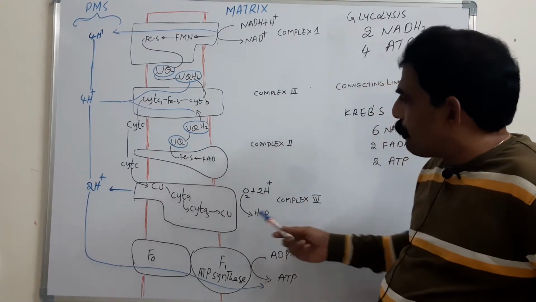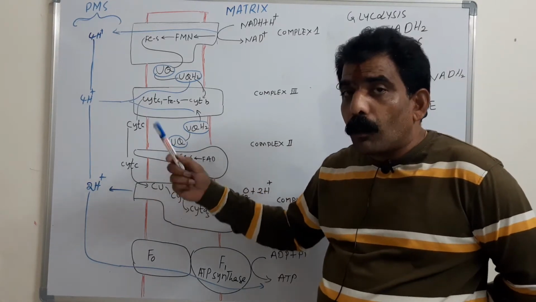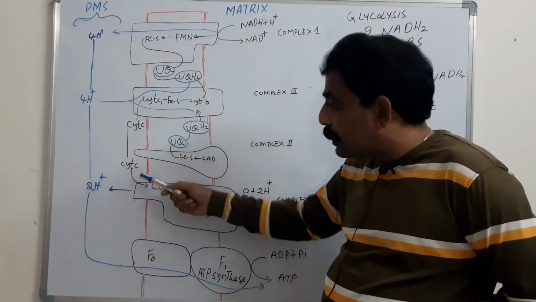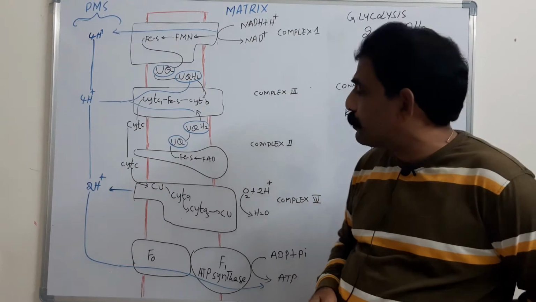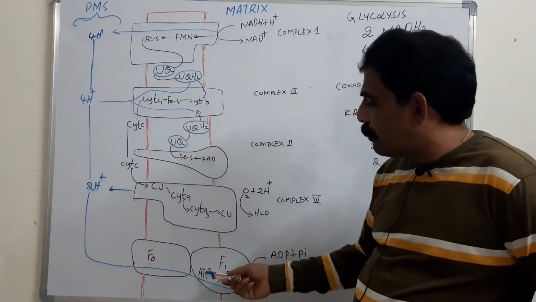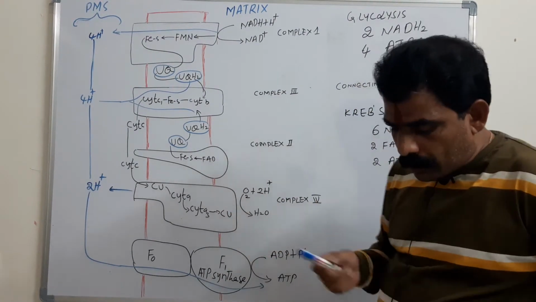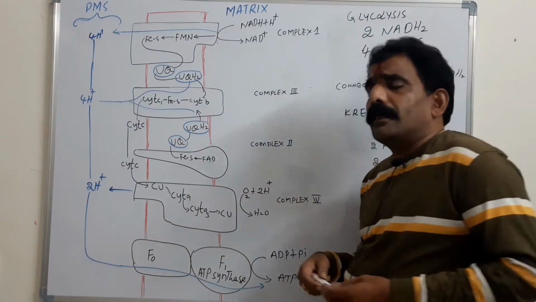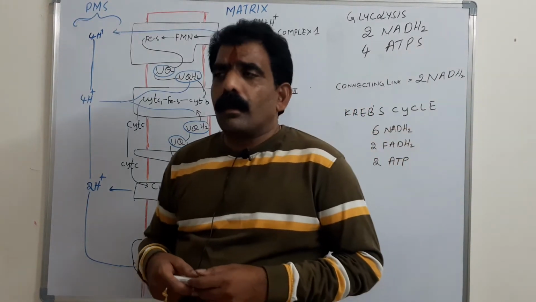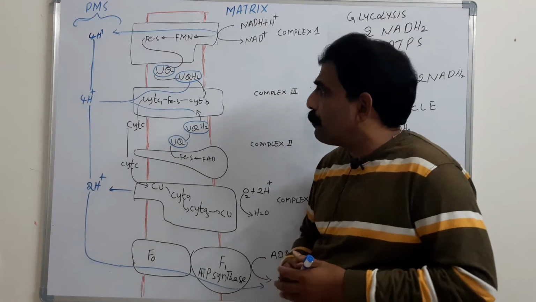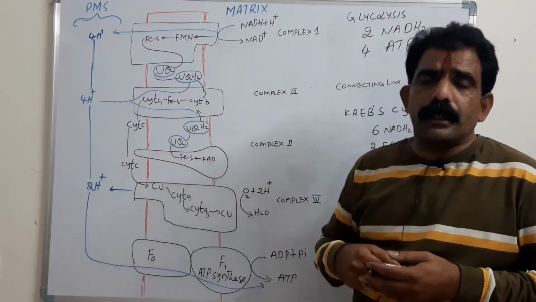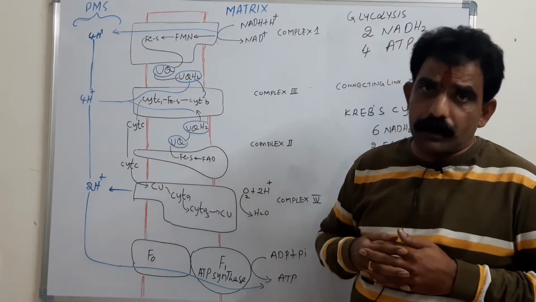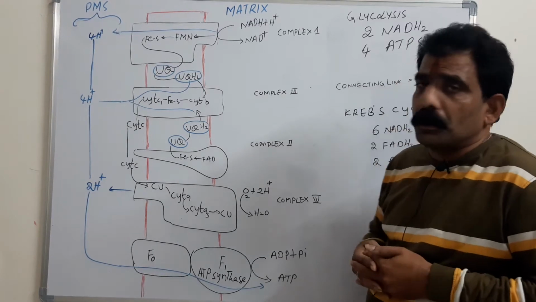Complex 4 consists of cytochrome oxidase, which oxidizes the cytochrome. And here ATP synthase is present. Like this, these are the various components of the different complexes that are involved in the electron transport system in respiration.